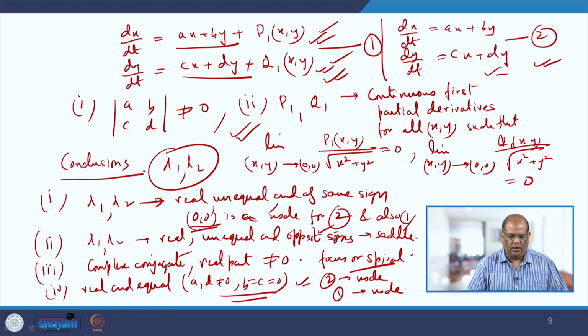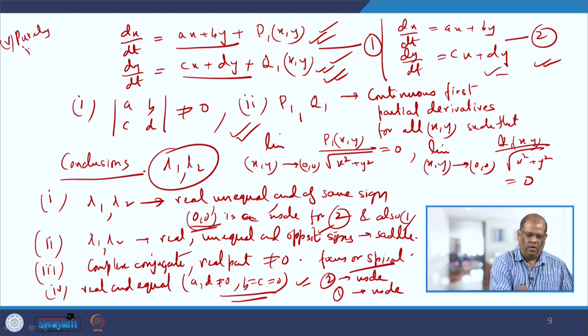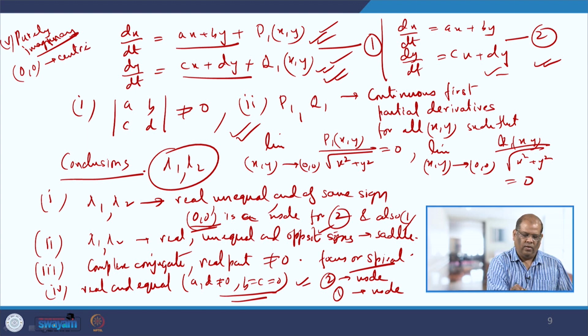And if the roots are purely imaginary, which is number 5, then here is a deviation: if (0, 0) is a center for system 2, then for system 1 it can be a center or a spiral.